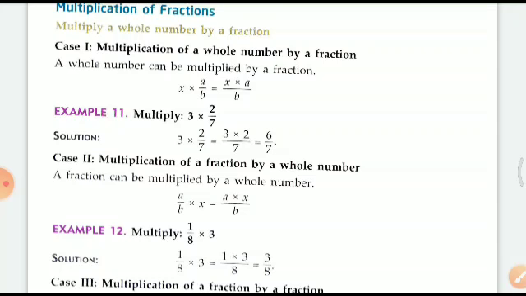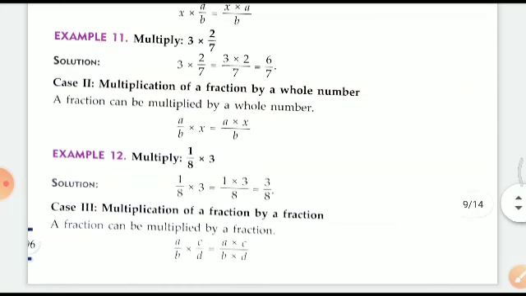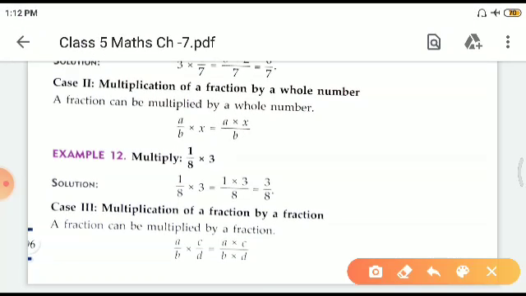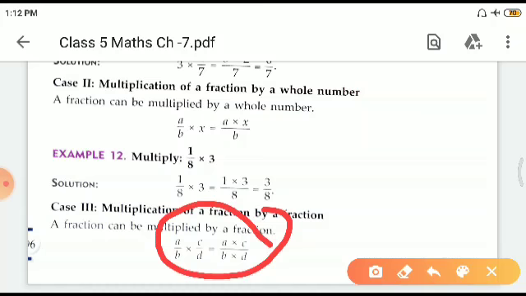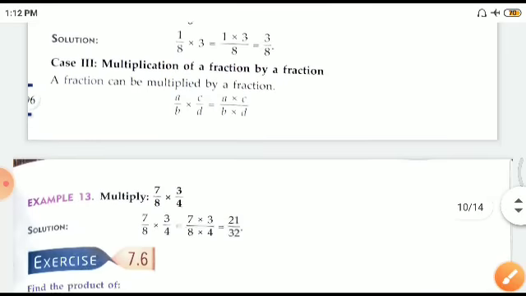Right, see this first one, 3 into 2 upon 7, and see 3 multiplies by 2 to give 6 upon 7, right? Similarly, if the whole number is on the opposite side, then a into x by b, right? In fraction by fraction, remember this formula, a into c upon b into d, numerator with numerator and denominator with denominator. No LCM, no nothing in this, right children?